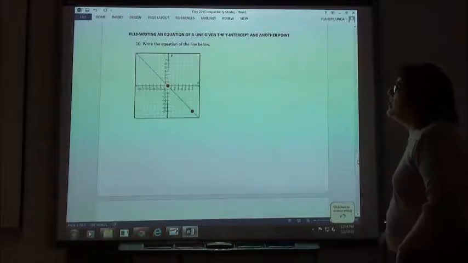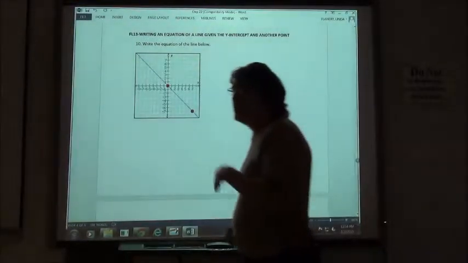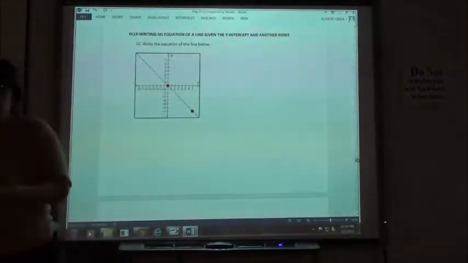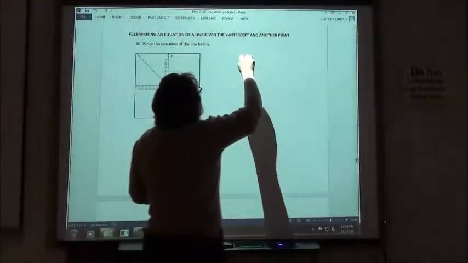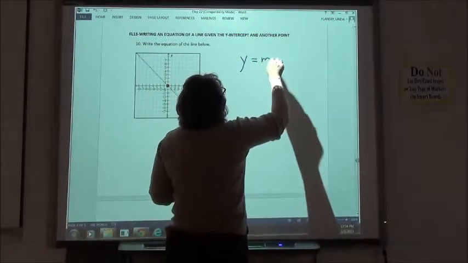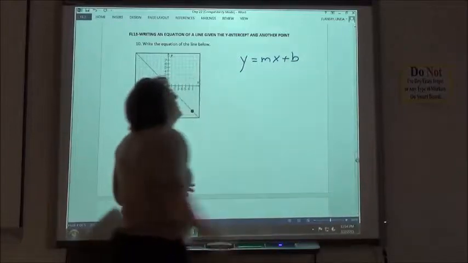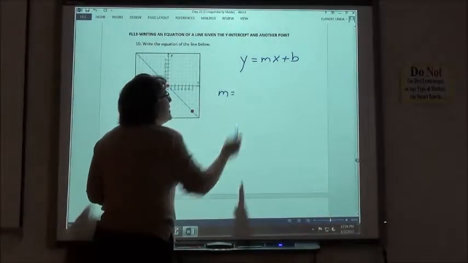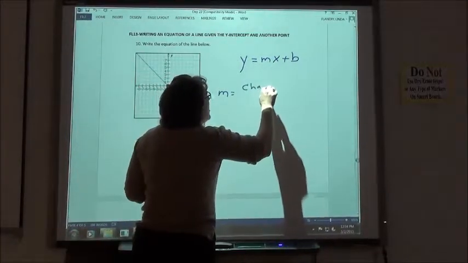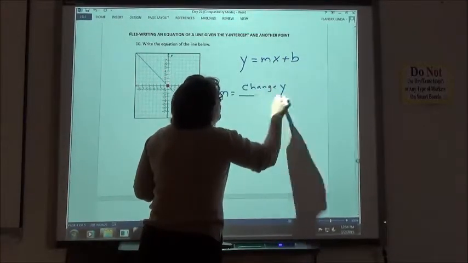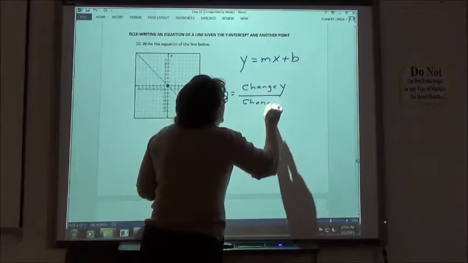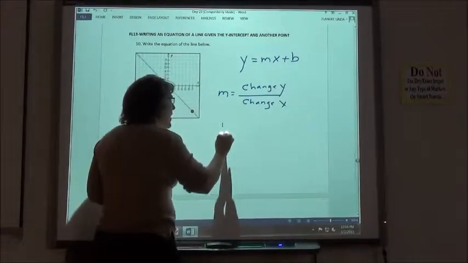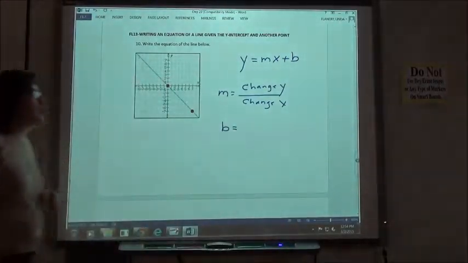So number 10 then gives you a graph and wants you to write the equation of the graph. We know that the equation looks like this: y equals mx plus b. So what we want to do is find the slope, and we said we could find the slope by finding the change in y over the change in x, and then we want to pick out the y-intercept, which is easy enough to do.